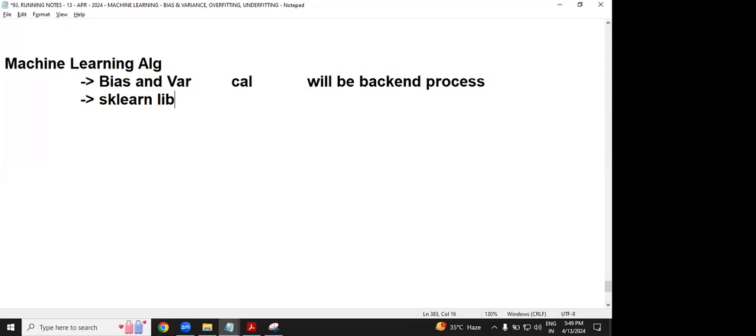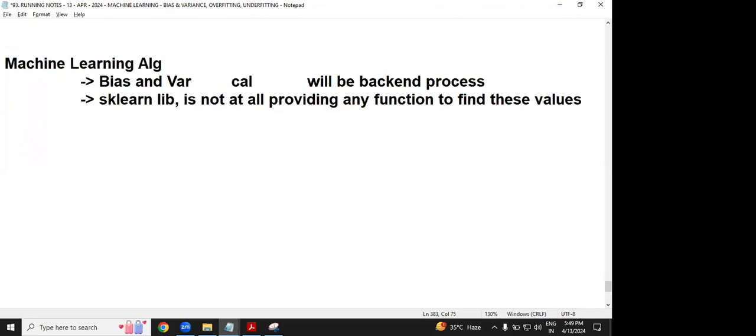Technically speaking, calculating bias and variance is not our task. The library is not providing any function to find out these values.